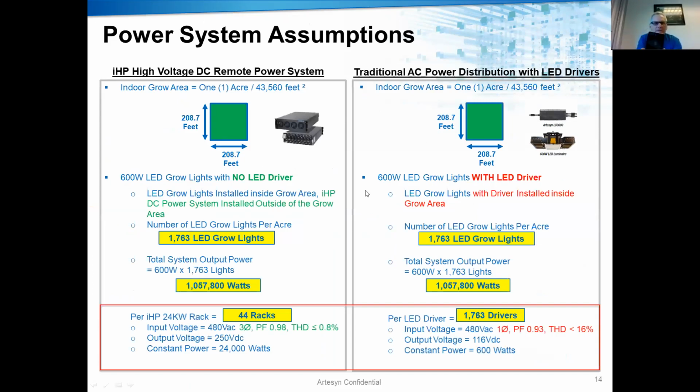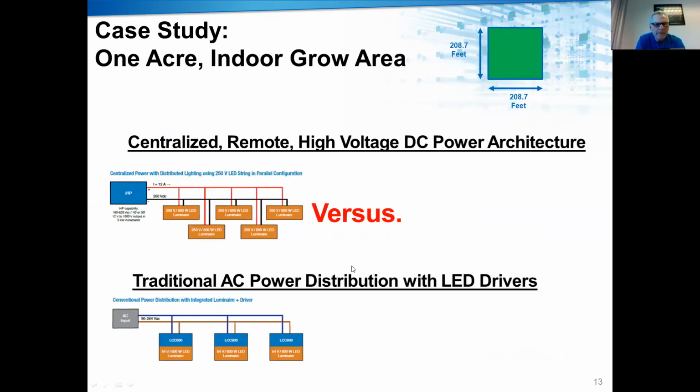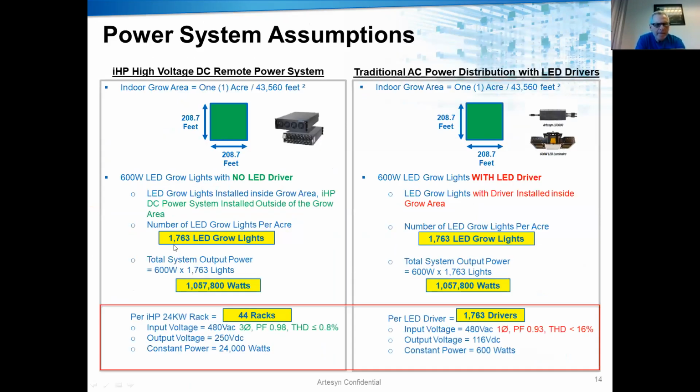For the 1 acre, and these are using 600 watt lights to make it easy, you're going to need about 1,763 LED lights, and the total power you need for those lights is a little over 1 million watts. Okay, so for our rack, these are 24,000 watts each. You're going to wind up needing 44 racks. And this is the input to the racks, basically three-phase.